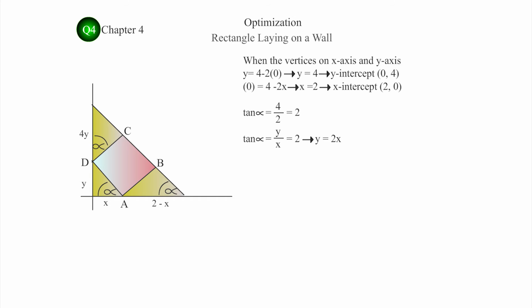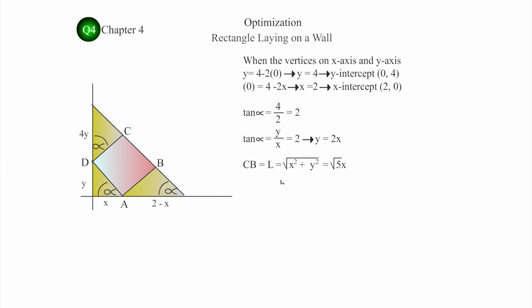If we say line CB is equal to L, L is then equal to the square root of x squared plus y squared according to this triangle. We find that L is equal to the square root of 5x. On the other hand, in triangle ABK, angle alpha is equal to the angle alpha in the triangle ODA.